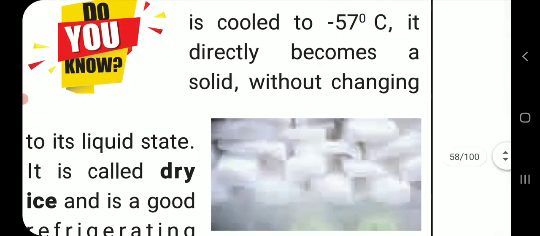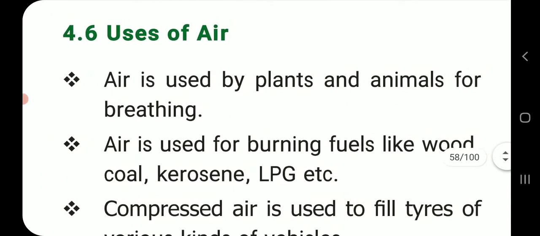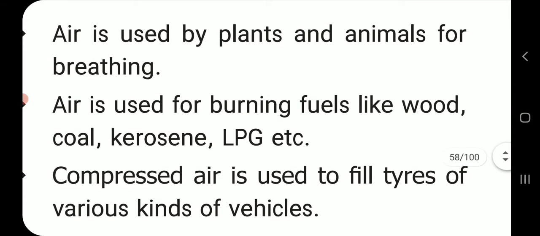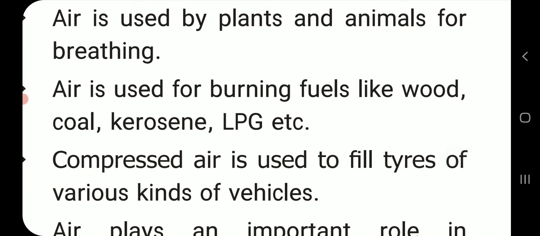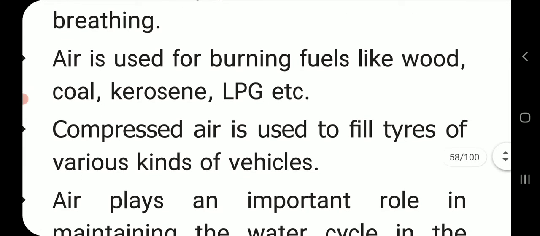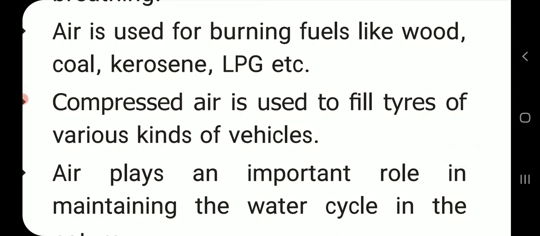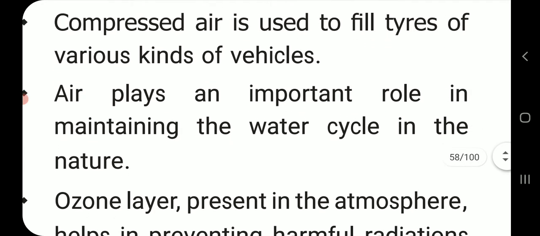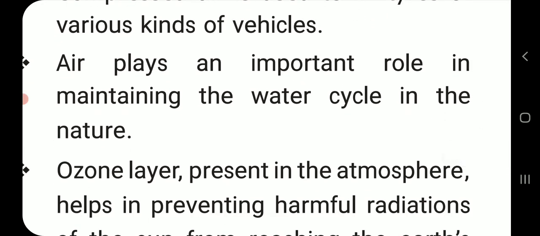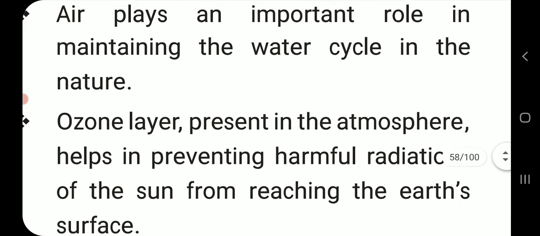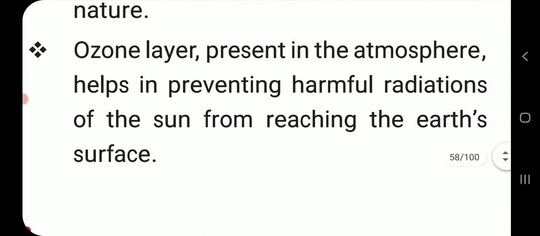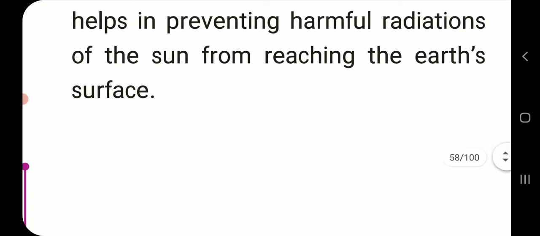Here we can see a few uses of air, and this is a very important 5 marks question. Air is used by plants. Compressed air is used to fill tires for various kinds of vehicles, and air plays an important role in maintaining the water cycle in nature. The ozone layer present in the atmosphere helps in preventing harmful radiation of the sun from reaching the earth's surface.